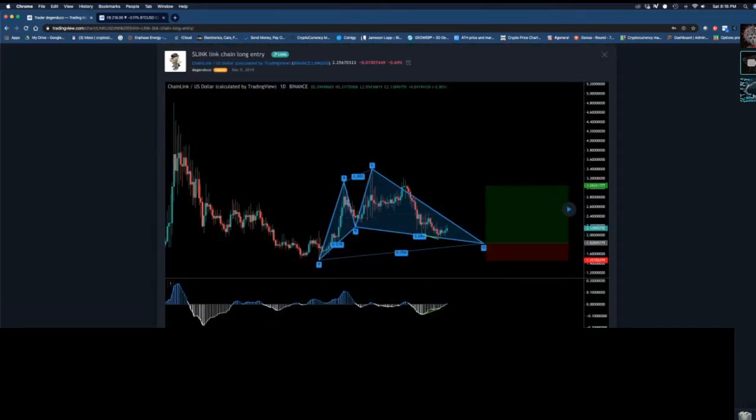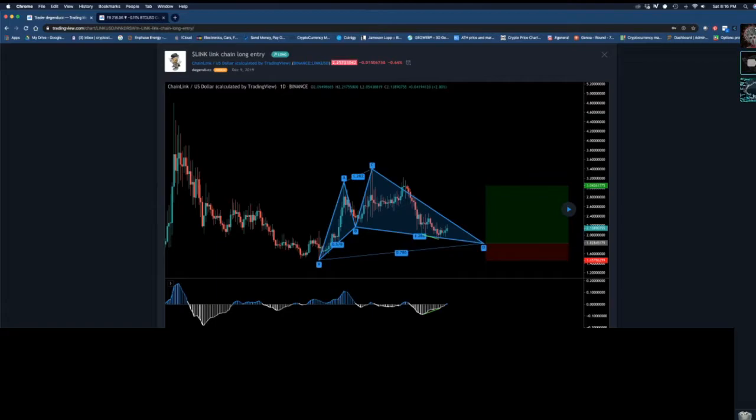This one was a nice harmonic. Chainlink boys definitely like this one. I play shitcoins actually in the USD pairings. A lot of people ask me why are your alts always to USD. A lot of people go nuts over that. They're like, I prefer stack sats or die.